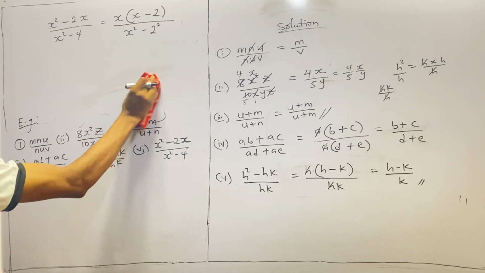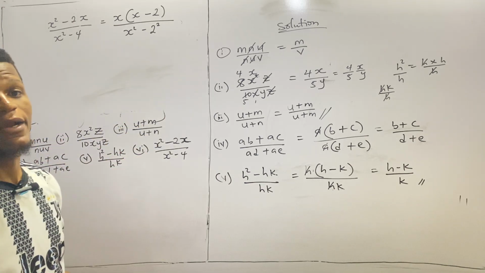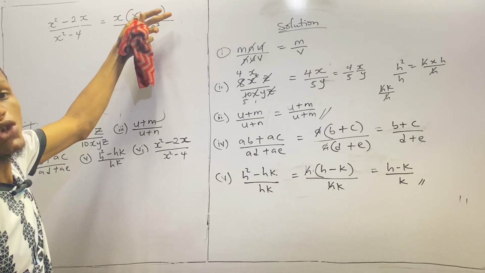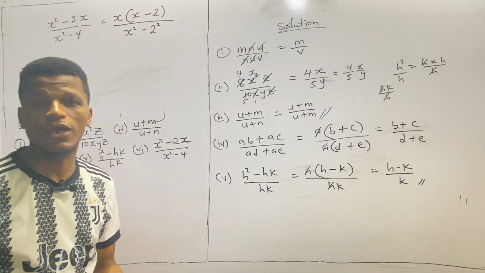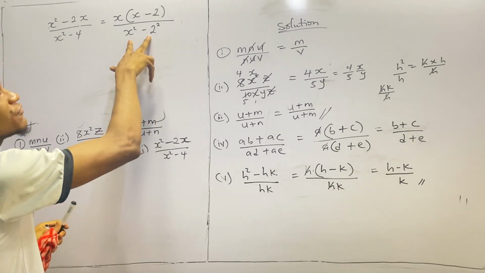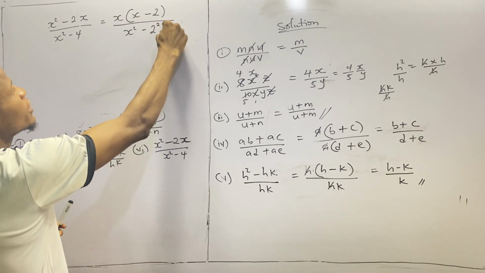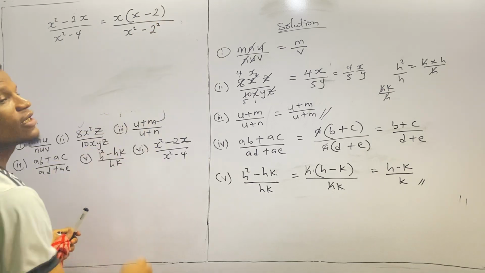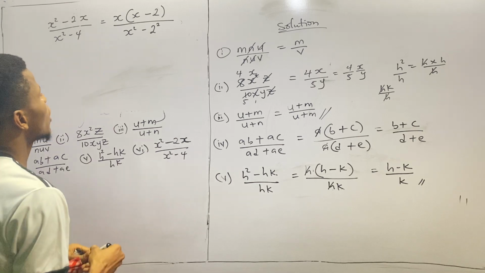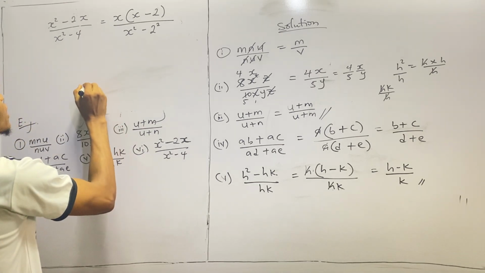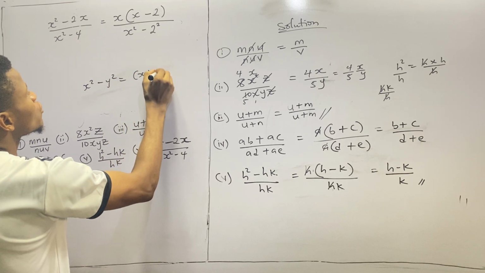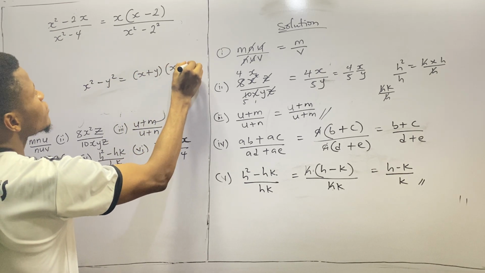All right, so I want to put it in this form so that I can get something that might look like x minus 2 or something like x. Now, this calls for the knowledge of difference of two squares. This is a term squared, another term squared, and there is a negative sign between the two of them, which shows difference. The principle of difference of two squares says that x squared minus y squared is equal to x plus y multiplied by x minus y.